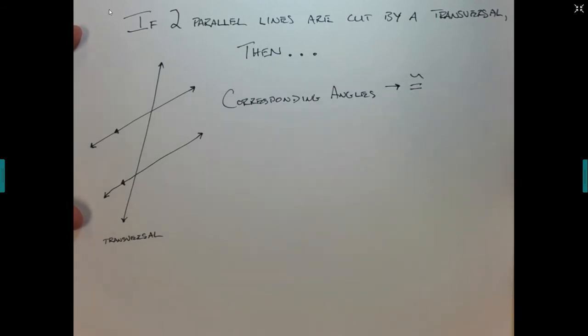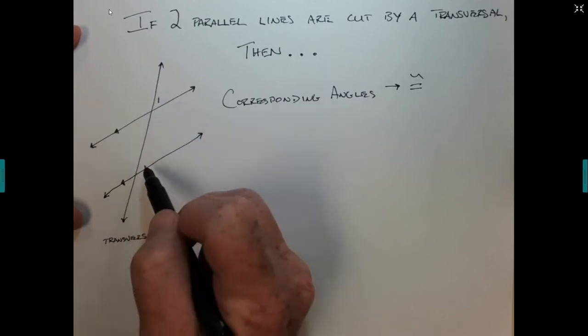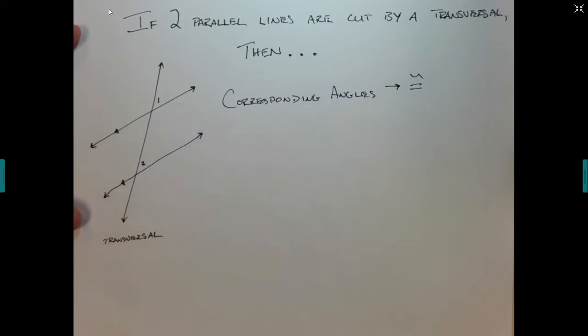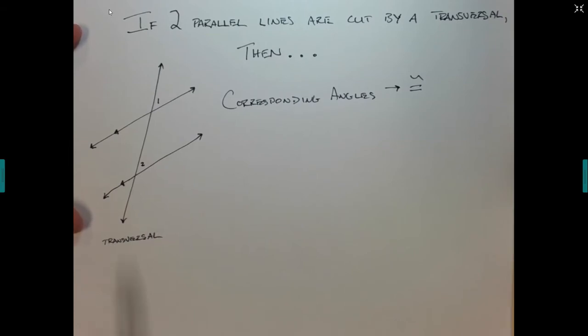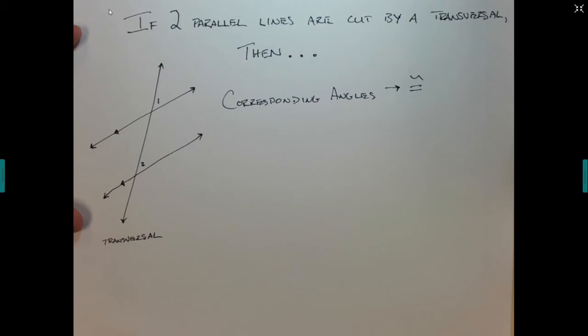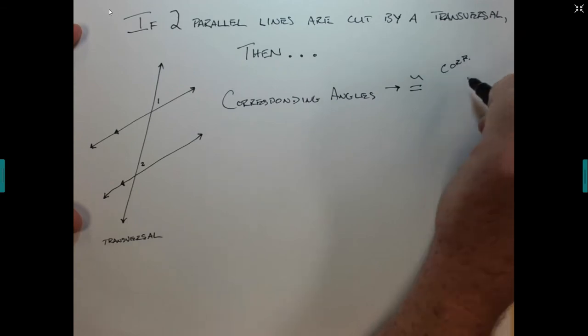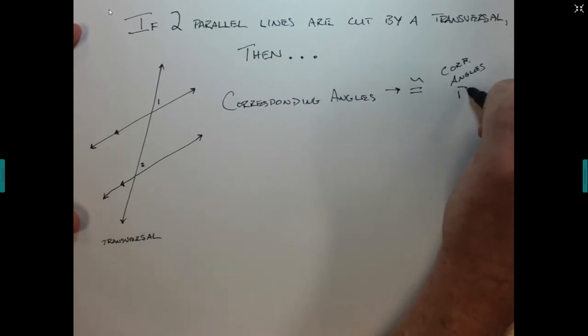We were guaranteed. So corresponding angles, 1 and 2 here, are corresponding. If these lines are parallel, we know that 1 and 2 have to be the same. This is referred to as the corresponding angles postulate.